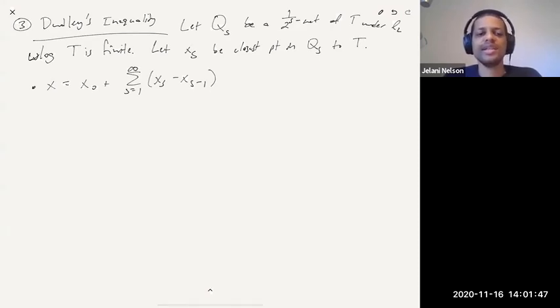In other words, even though I wrote this as an infinite sum, it's really a finite sum, because beyond a certain point, all these differences are actually 0.